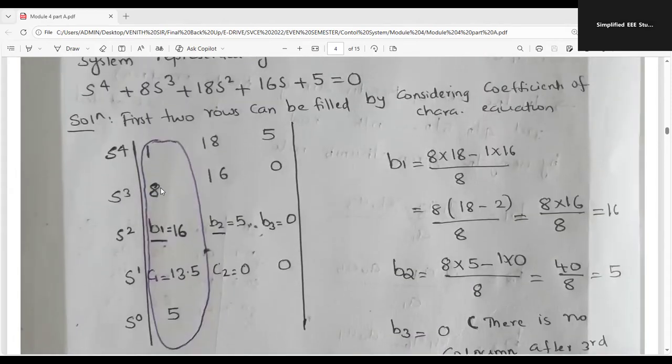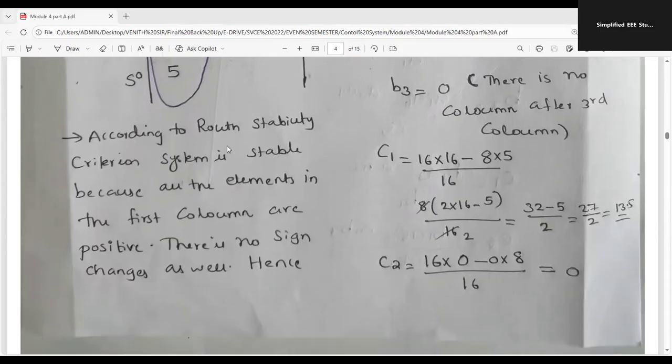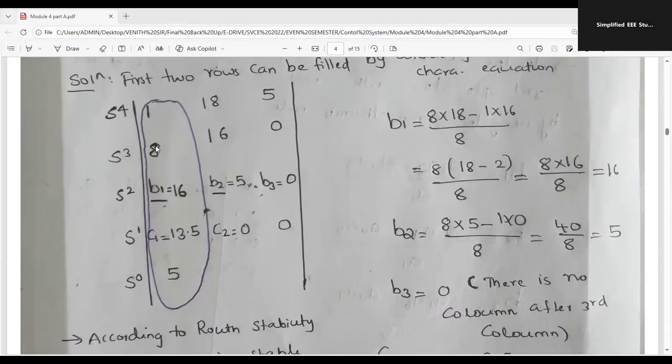As per the Routh Hurwitz criteria, what is the statement? According to the Routh Hurwitz criteria, whenever the system is stable, all the elements in the first column should be positive. That means there are no sign changes in these elements. Here positive, positive, positive, so no sign changes. If there are no sign changes, all the roots are in the left half of the S plane.